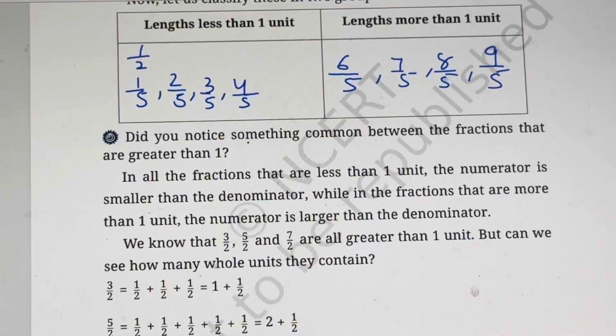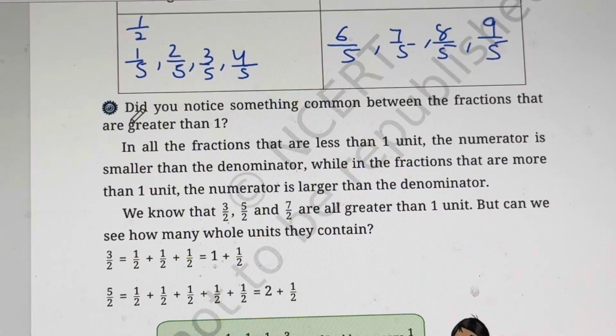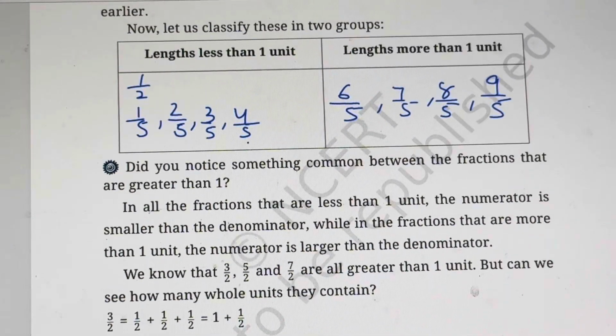Now, if you notice the fractions, just observe. You remember that the number above the line is known as the numerator, and the number below the line is known as the denominator. So if we see all these fractions which are less than 1, the numerator is less than the denominator. These are all numerators, and they are less than the denominator, which is 5. Right?